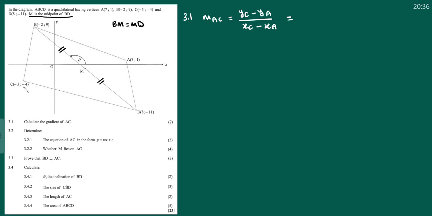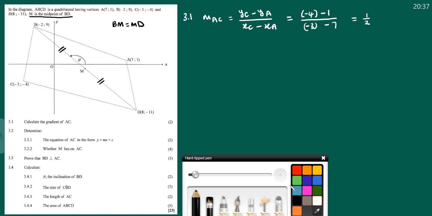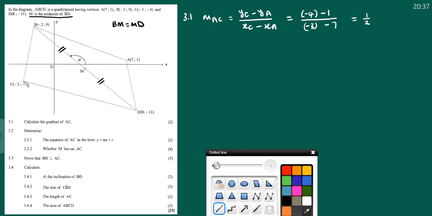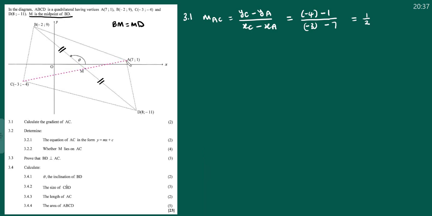The y value of C is -4, and the y value of A is 1, and then the x value of C is -3, the x value of A is 7. So you will get -5 over -10. I think it should be half, and it's a positive gradient because you can see that the line kind of looks like this. It's having a positive gradient, right?